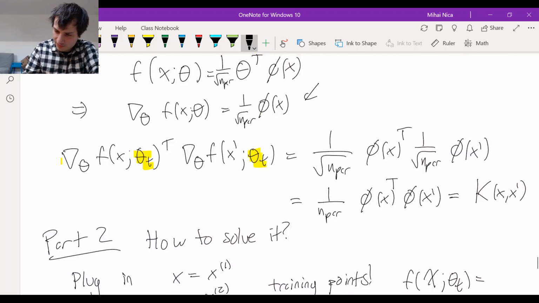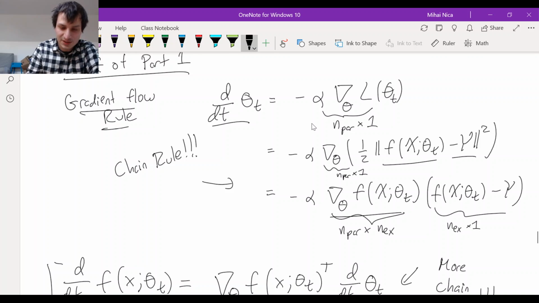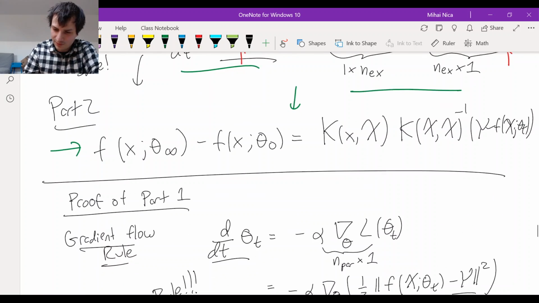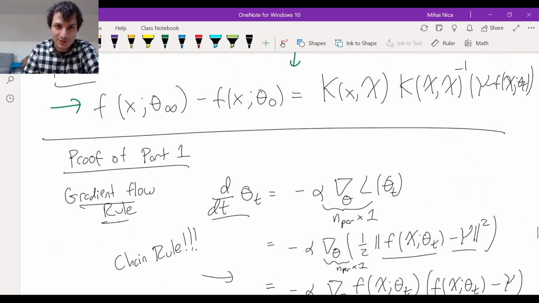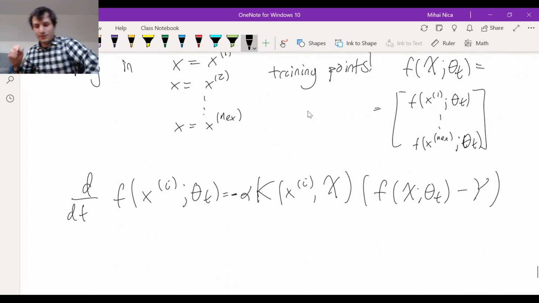Did I get it backwards? Is it y minus f? Let's see. Here it's f minus y with a minus sign, and so the final answer should be y minus f. Okay, so good. I got it backwards. Let's fix it by throwing a minus sign in here. Okay. So that's what it is when you plug in xi.